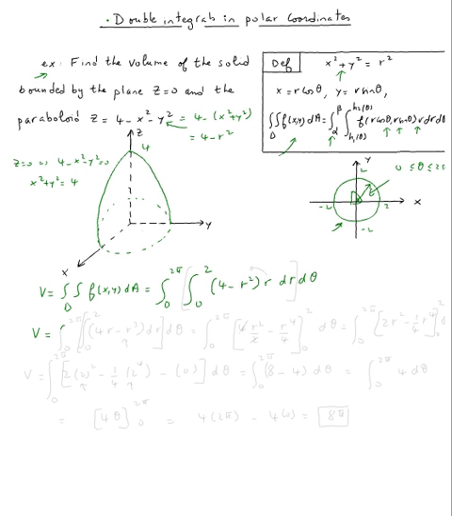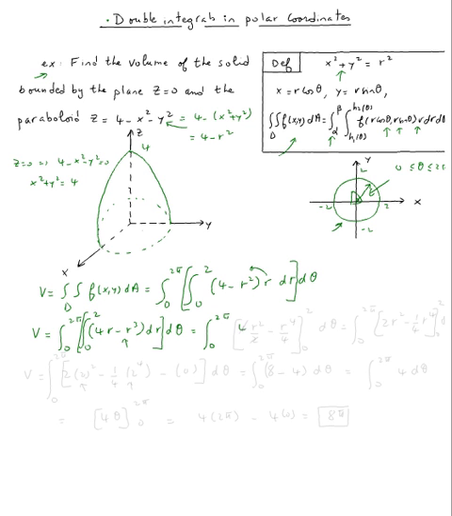So the volume will be equal, we're going from 0 to 2 pi, and we're going to do this integral first, so I'm going to distribute, so it'll be 4r minus r cubed dr d theta. Don't forget, this is going to be 0 to 2. Again, we're going from 0 to 2 pi.